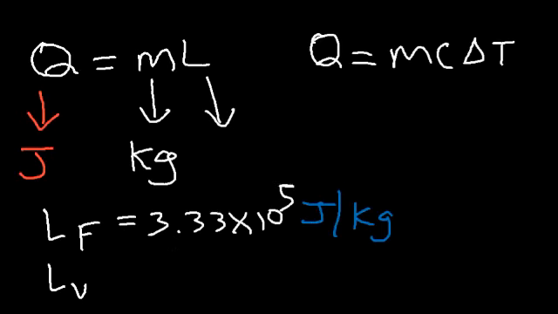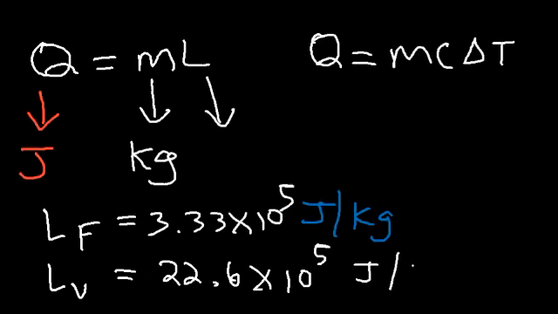If you have 2 kilograms of ice, it's going to take twice as much heat to melt it. The latent heat of vaporization for water is about 22.6 times 10 to the 5 joules per kilogram. So it takes a lot more energy to vaporize liquid water than to melt ice. As you can see, it's about 7 times more.